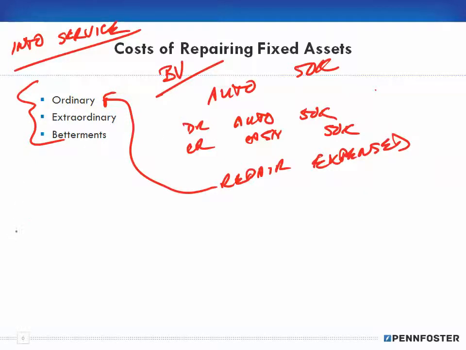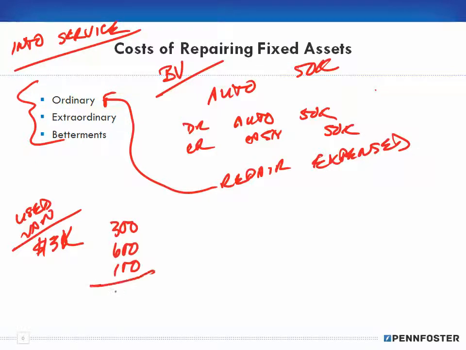But I had also talked about, let's say we buy a used van and pay $3,000 for it. Then we put in $300 for alternators, $600 for tires, and $100 for a tune-up, for an additional $1,000. This van is not in service just yet; we're preparing it to be put into service.